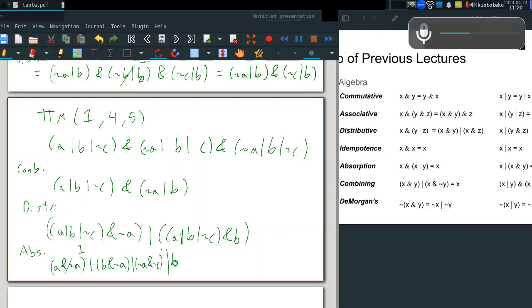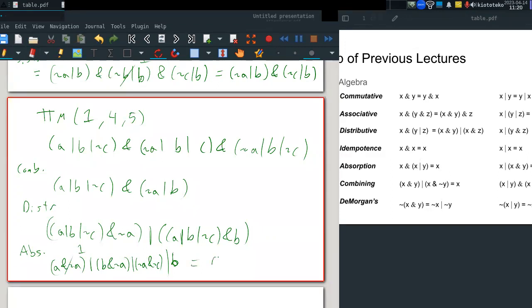And what else can we do? So we have basically B and not A.